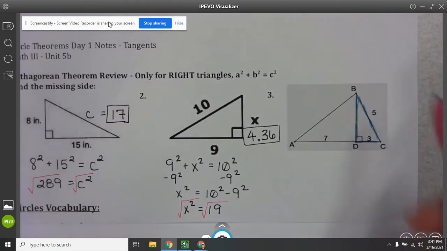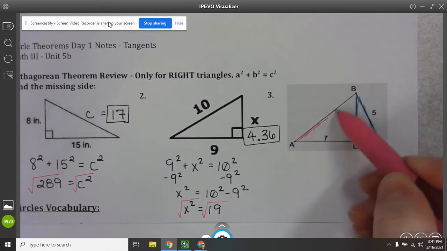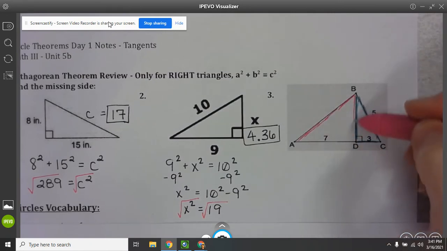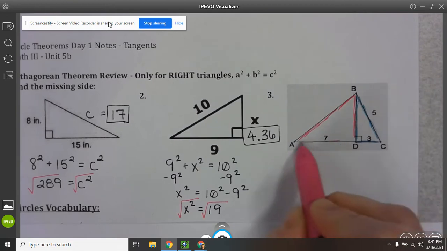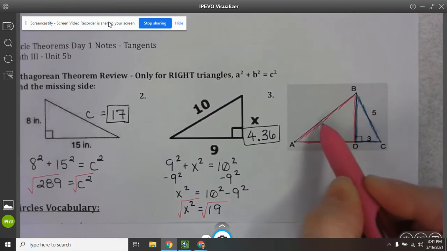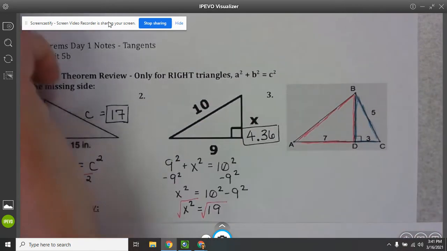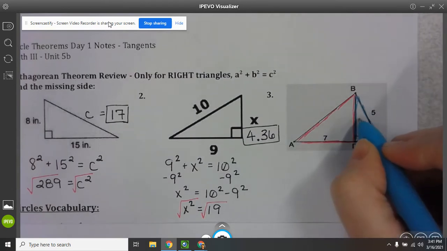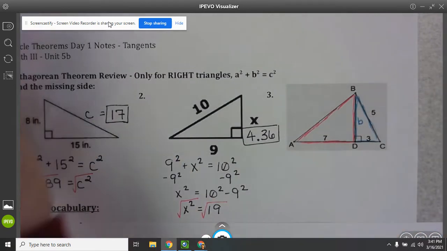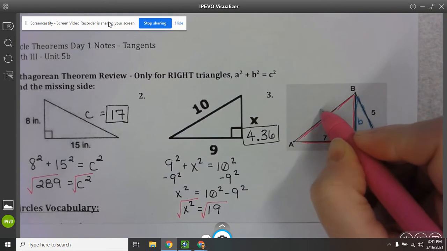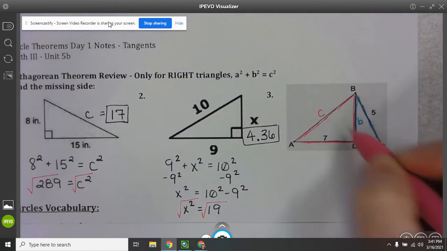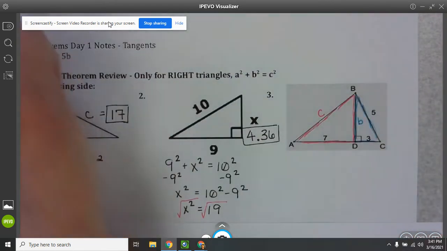And then I'm going to do the pink triangle to find the hypotenuse. So I'm going to label this leg B, and I'm going to label this C because this is the hypotenuse of this triangle over here.